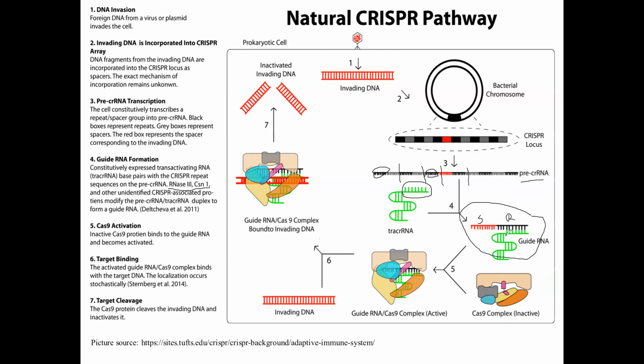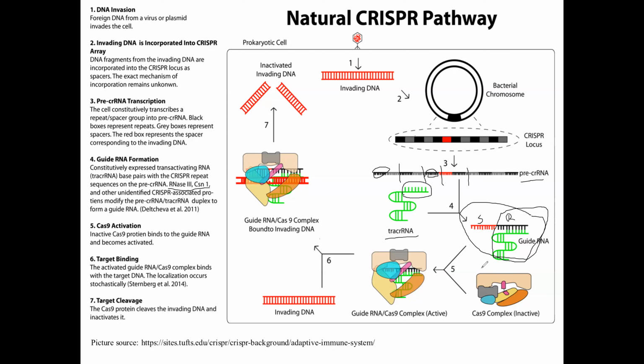This guide RNA, for example the trans-activating CRISPR RNA, is able to attach to this Cas9 complex. I can say this entire thing, the repeat with the trans-activating CRISPR RNA, comes and binds to the Cas9 protein.